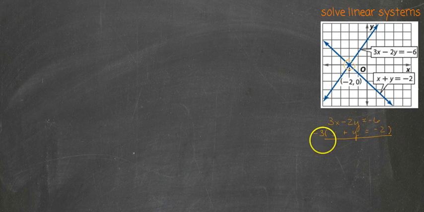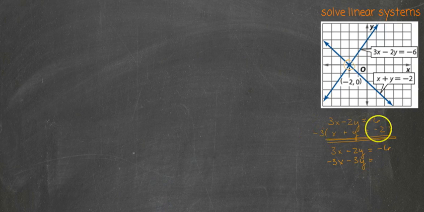So now I'm going to rewrite the whole thing, and I like to use a really fat line so I'm clear where I am. I'm going to write the first equation again, 3x minus 2y equals -6, because that's not the one I'm changing, and now I'm going to rewrite the multiple of the second equation: -3x minus 3y equals +6.